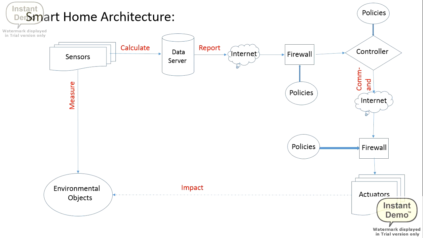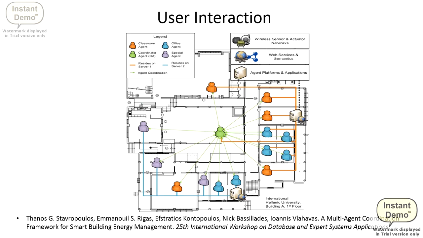So this is our smart home architecture, and this is a paper on the user interactions. I have already said that a fixed schedule based intelligent system is easy to implement, but it causes a huge amount of wasted energy.